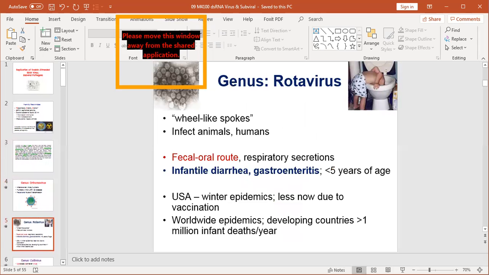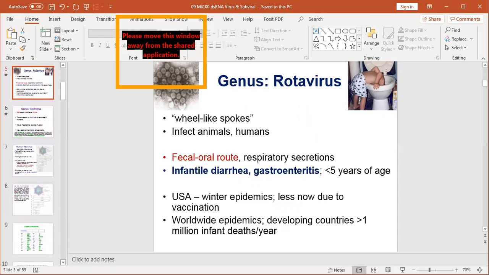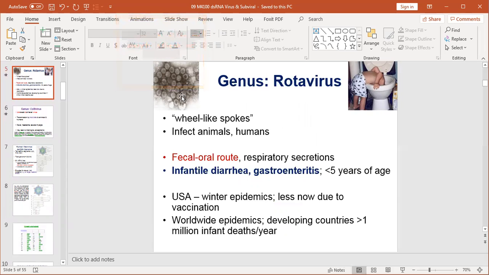Moving to slide number 5. The next genus is called rotavirus, rota, so they have wheel-like spokes. They can also infect animals and humans.